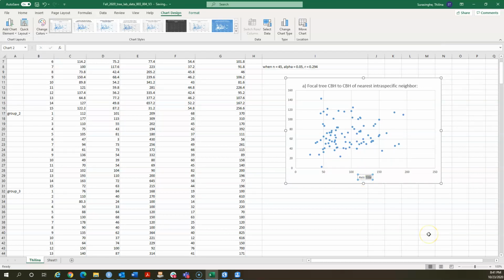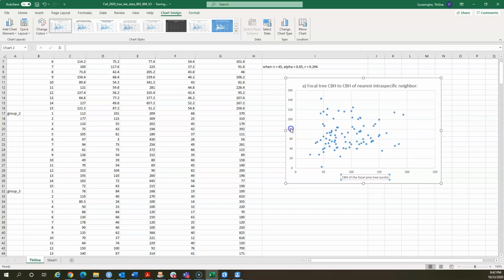And then I delete that default one and type CBH. You should type it out actually. CBH of, I don't want you to use acronyms, make it more meaningful. I'm just being lazy. CBH of the focal pine tree. And also put the units over here.